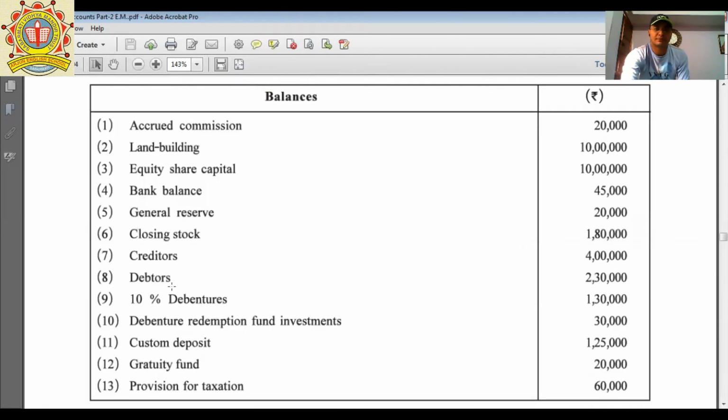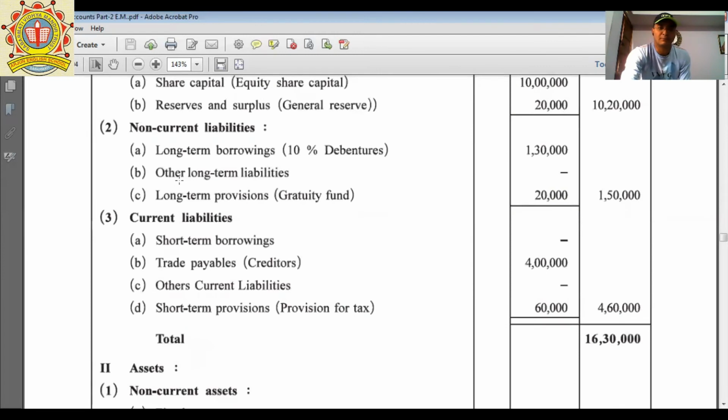Next one, 10% debenture. Remember, debenture is a part of liability but non-current liability, long-term borrowings, because debentures have a term period of maximum 10 years. We have already learned this in chapter number 2, that is debentures. So debenture is always a part of non-current liabilities, and it is long-term borrowings.